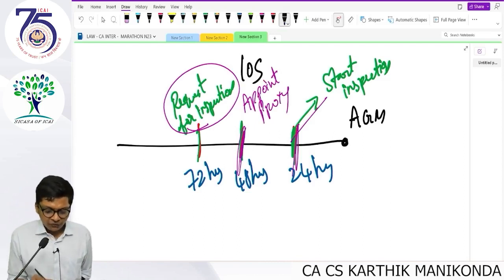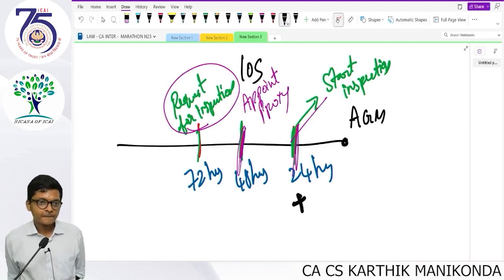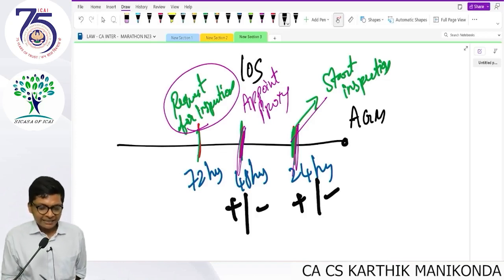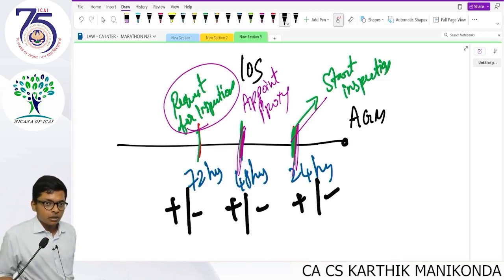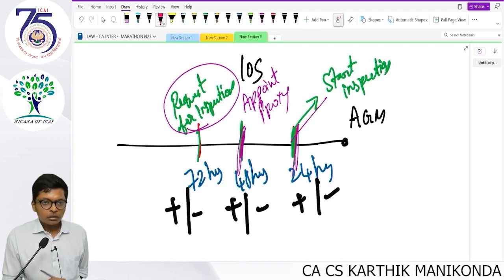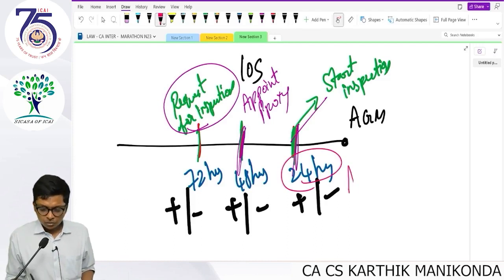Can I increase this 24 hours? Can I decrease it? 48, can I increase? Can I decrease? 72, can I increase? Can I decrease? Now, 24, can I increase to 30?